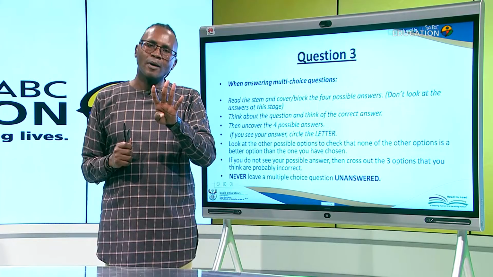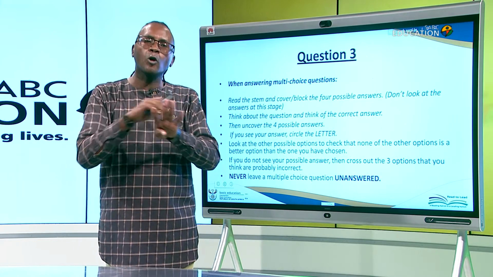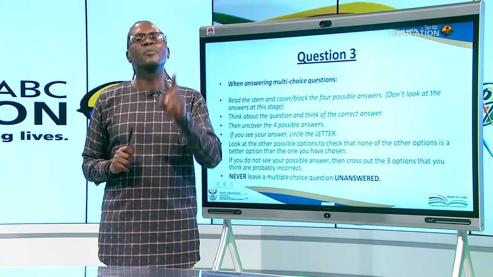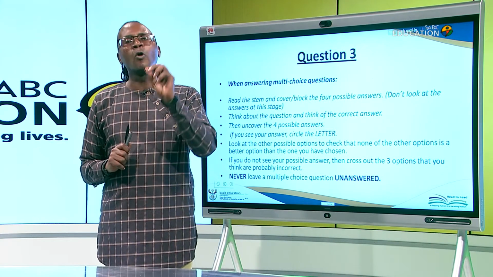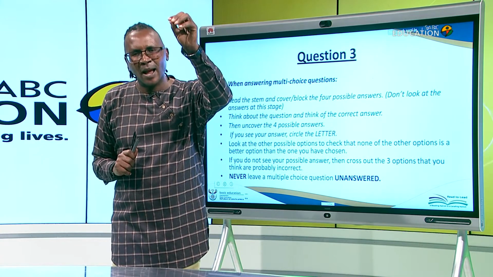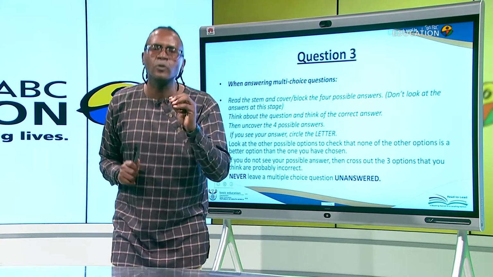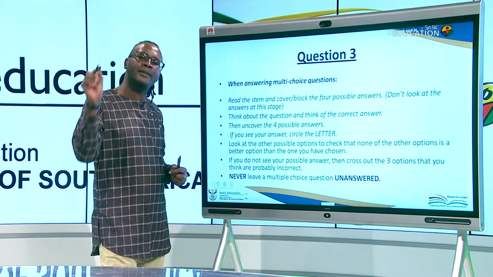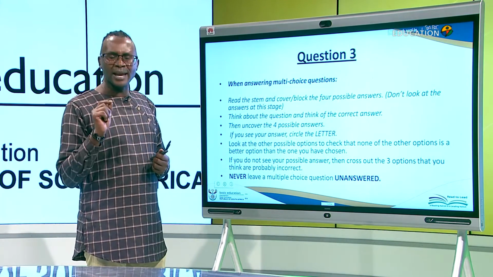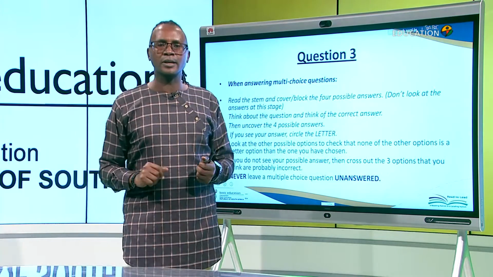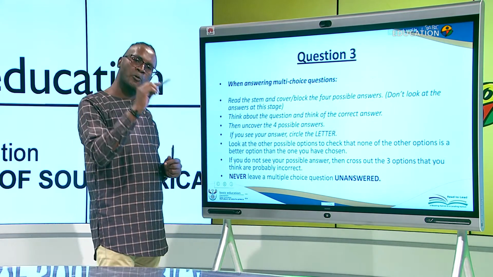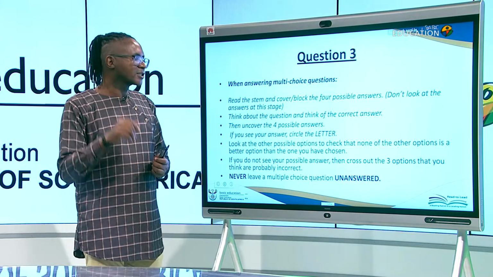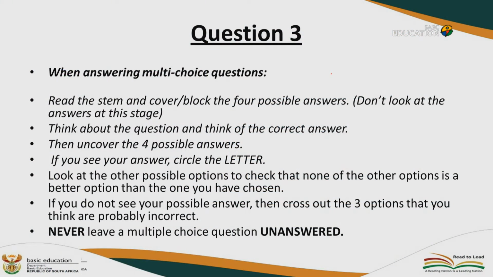So every time I'm asking you to look for those that are completely wrong and cancel them out. You'll be left with 2. Then go back to the statement and read it with understanding. Then look at your remaining 2. Then you'll circle the one that you think is the correct one. Then you go back and read and you verify.